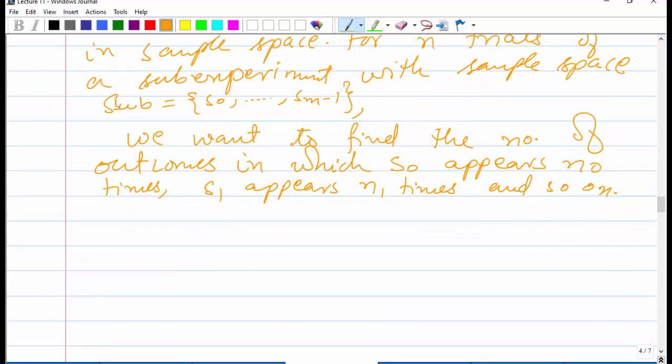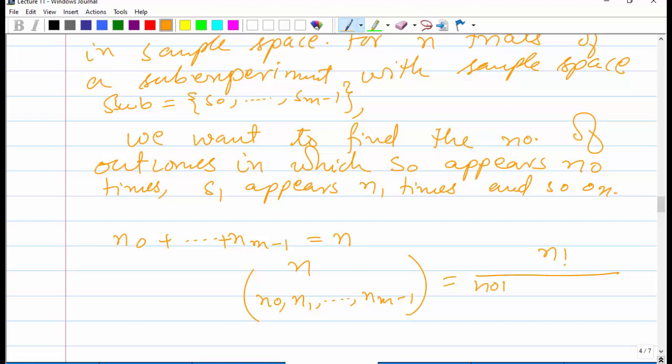So this is only possible if n naught plus up to n m minus 1 will count up to n. So the notation for that would be n choose n naught comma n1 comma so on up to n m minus 1, which can be written as n factorial divided by n naught factorial, n1 factorial, so on up to n m minus 1 factorial.